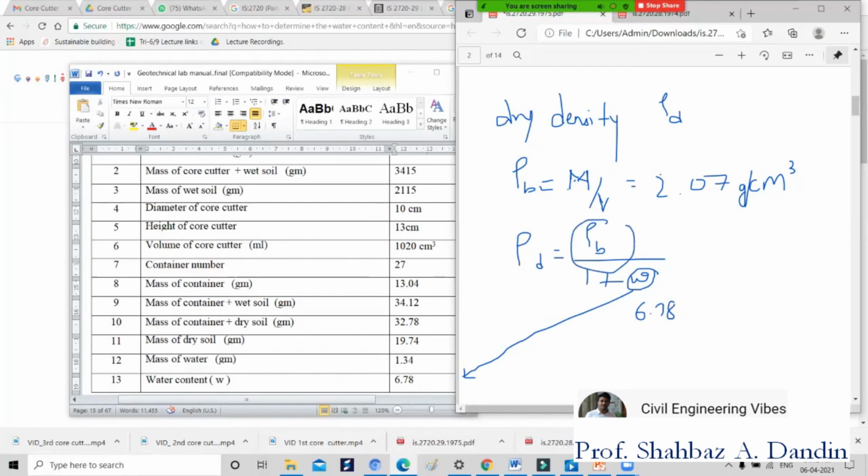How much is the bulk density? The bulk density you have got over here, right? Once you put it in, you will end up finding the dry density. The dry density we have got is 1.68, sorry, 1.68 gram per centimeter cube, cc. This is our end result.